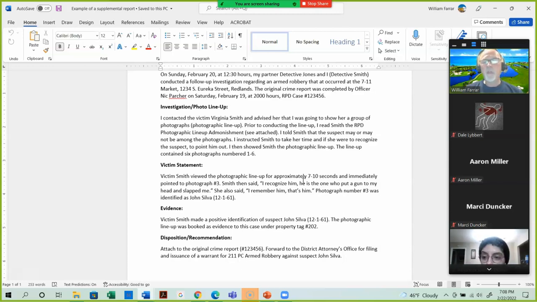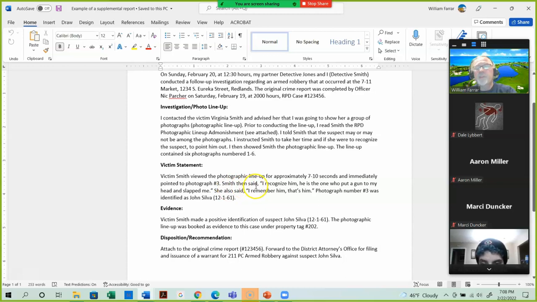They're really thinking through, and maybe they're trying to compare instead of really just recognizing the suspect here. So I put in here I showed the victim the lineup for about 7 to 10 seconds, and she immediately pointed to photograph number 3.